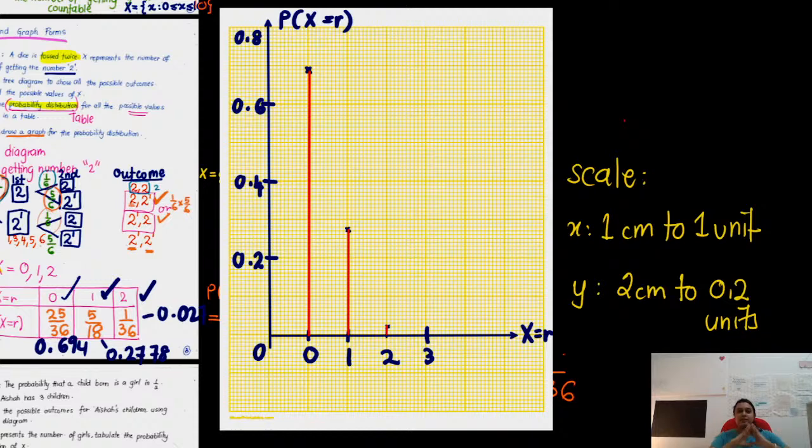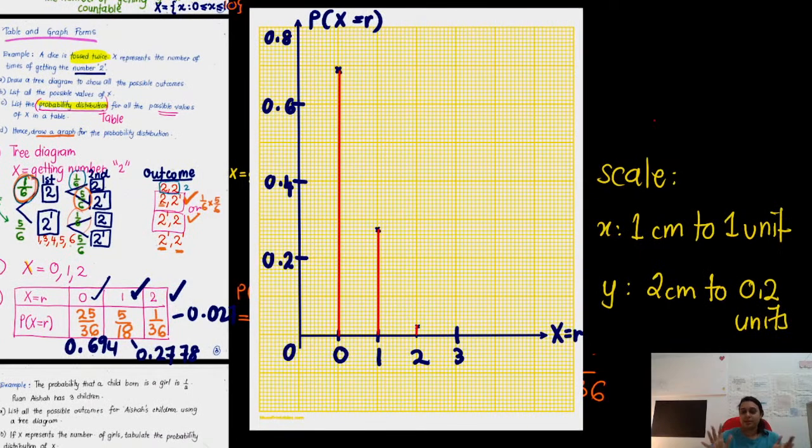So the main thing we learned today, that teacher wants you all to really understand and practice, is your tree diagram: how to write the outcome, and how to do the probability distribution table. The table format is always the same, no matter what. The graph is also always the same type of graph, straight line.